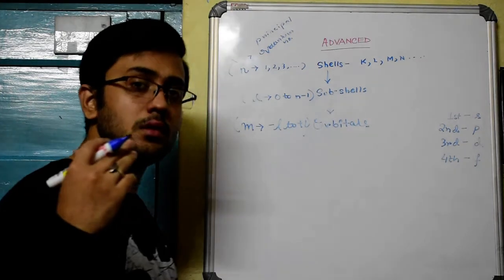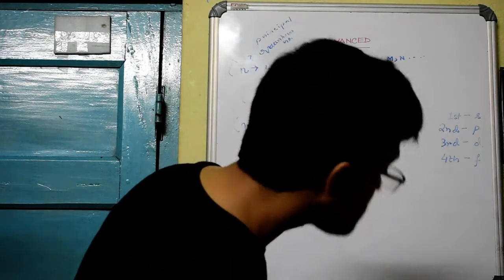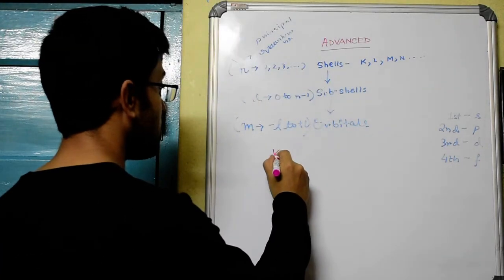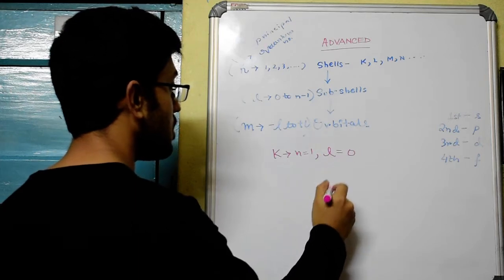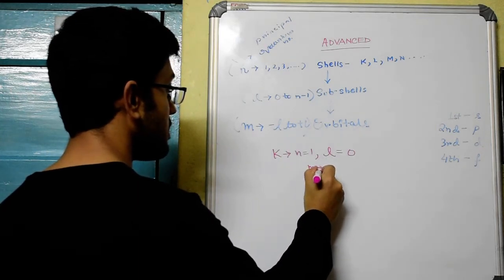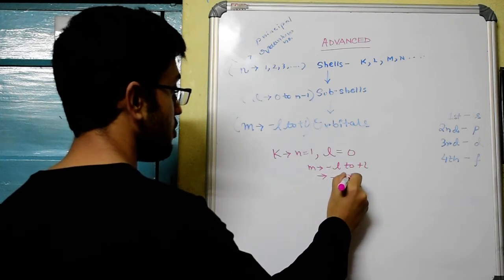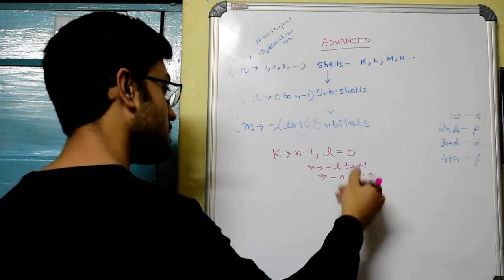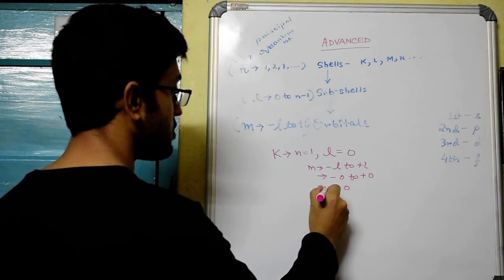Now let us again take the example of the K shell. It has an n value 1 and l has a value 0. What will be the value of m then? It's minus l to plus l, that is minus 0 to plus 0. Minus 0 and plus 0 are the same, they are 0. So m is also equal to 0.